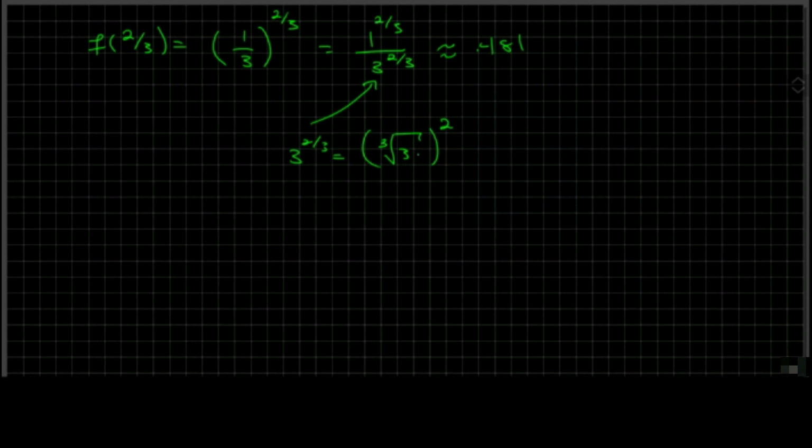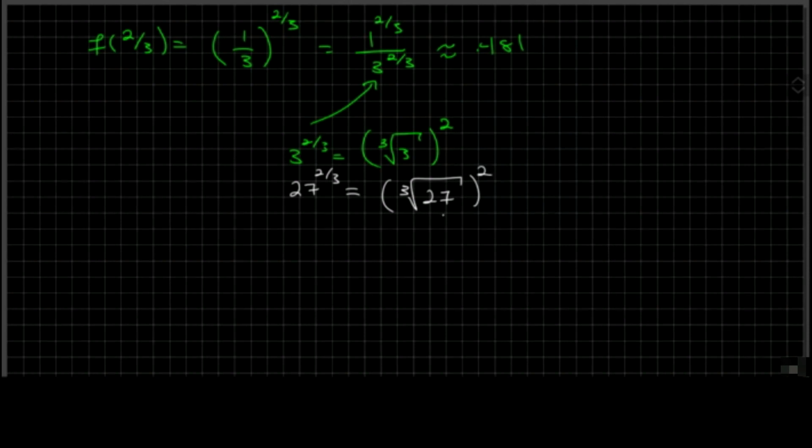The cubed root of 3 is not a rational number, but if you had something here where the cubed root of some number was a rational number, then you could do this computation by hand. It's probably more meaningful to show you an example of what I mean. So 27 to the 2/3. This is equal to the cubed root of 27 squared.